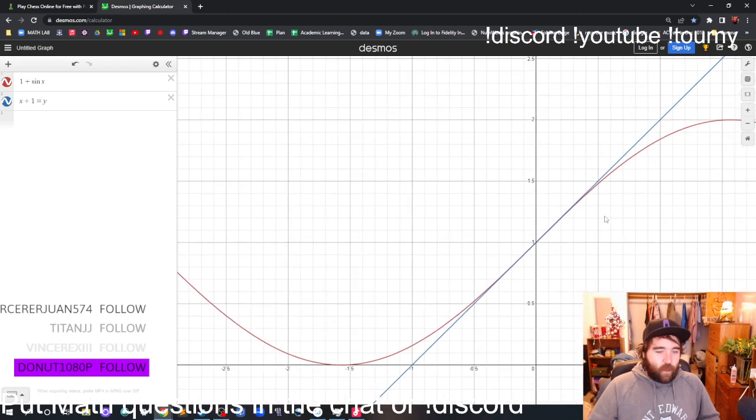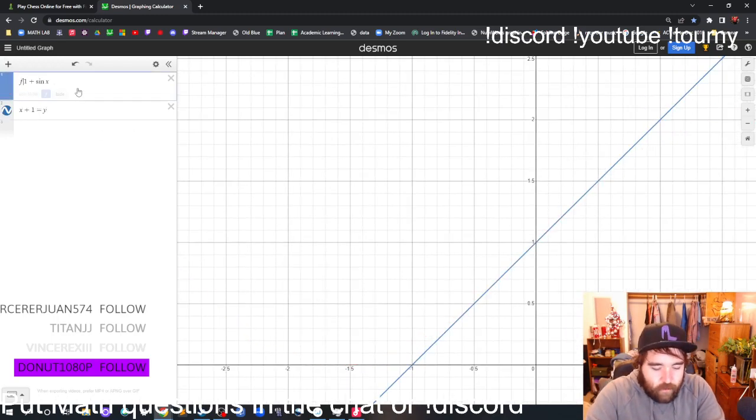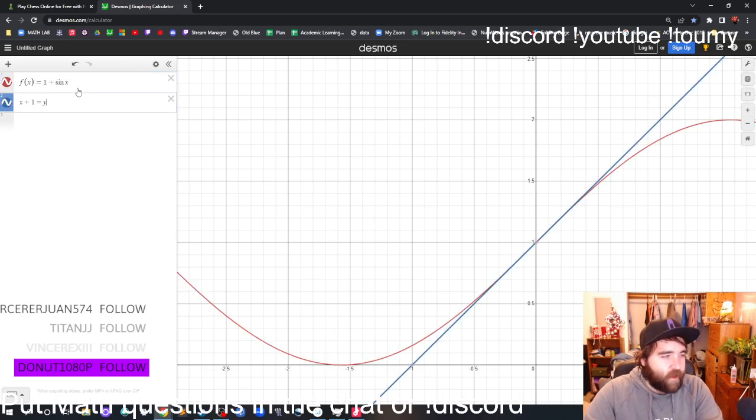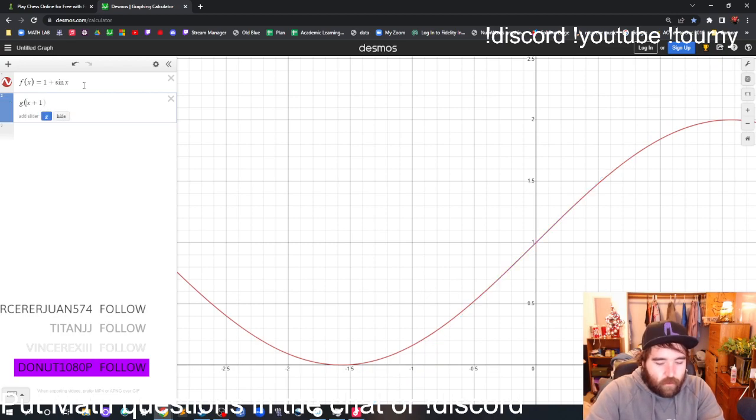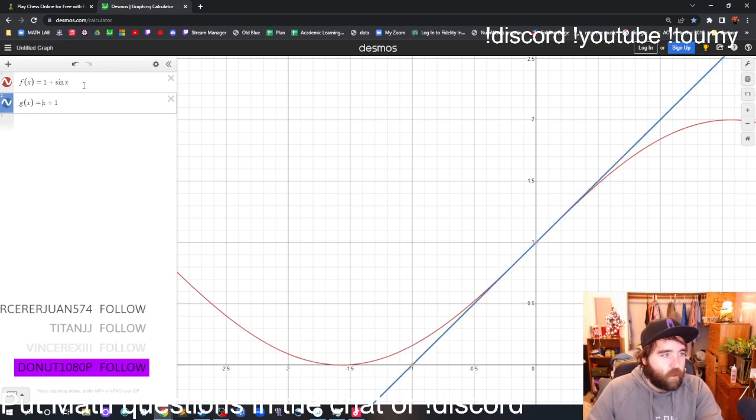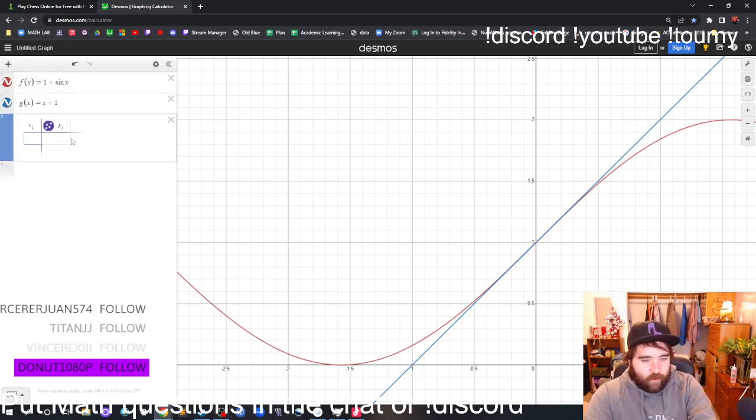That's the idea. And they want us to look at a table of values. So we can do that kind of nicely by, if we call that f of x, and we call this g of x, then we come in here to a table. We make a new table, and we can do a whole bunch of x values. So let's do like -1.